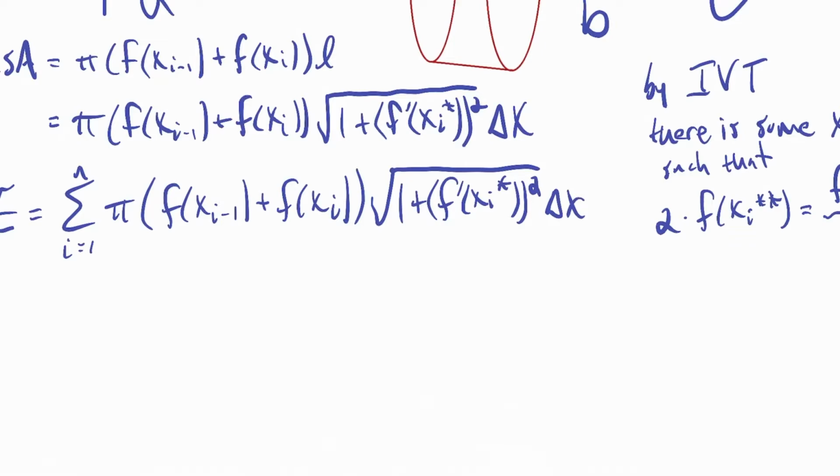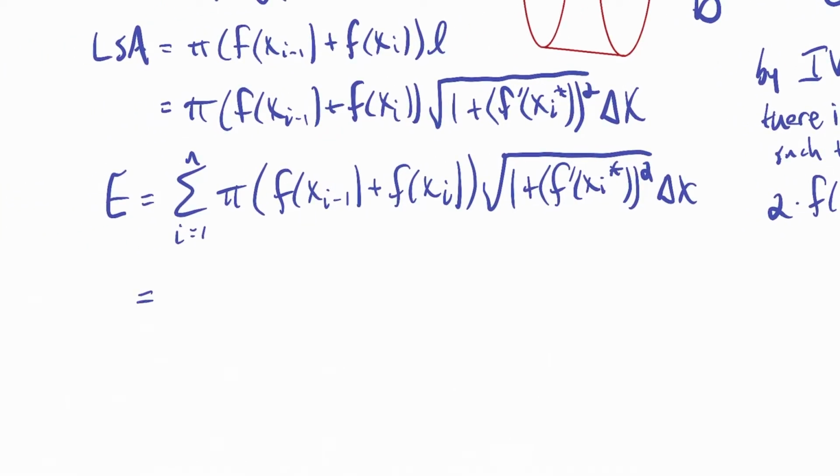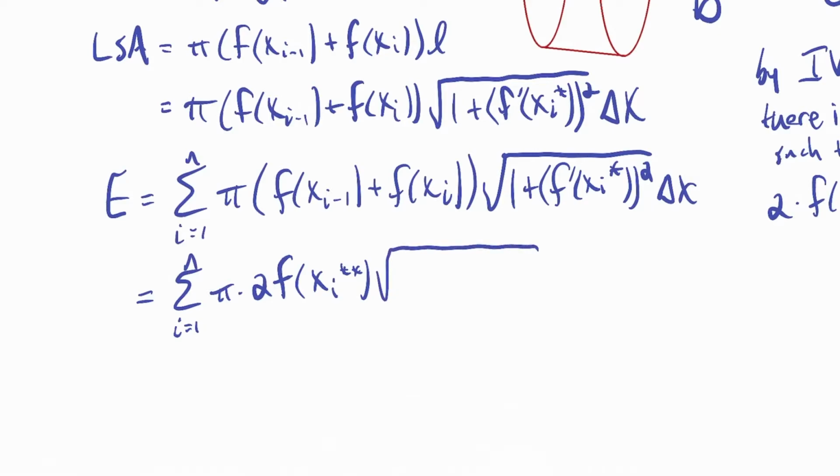So this equals the sum as i goes from 1 to n of pi times 2 f of xi double star, and then of course times the square root of 1 plus f prime of xi star squared, delta x. So again, that's our estimate.